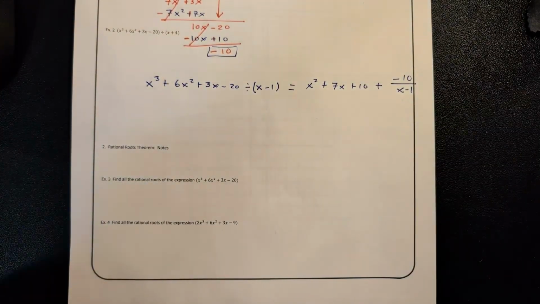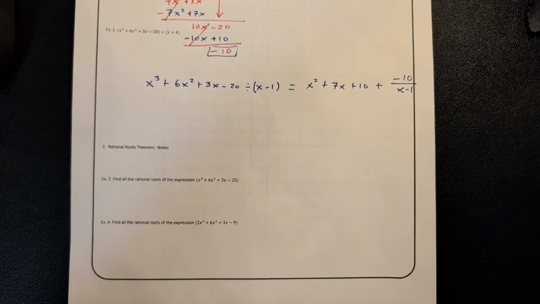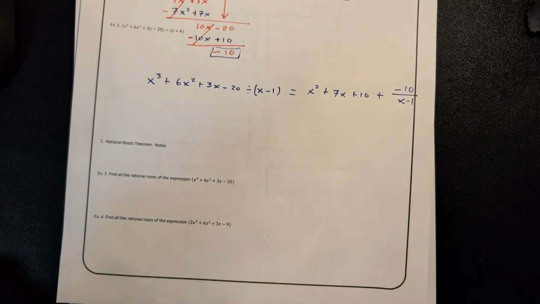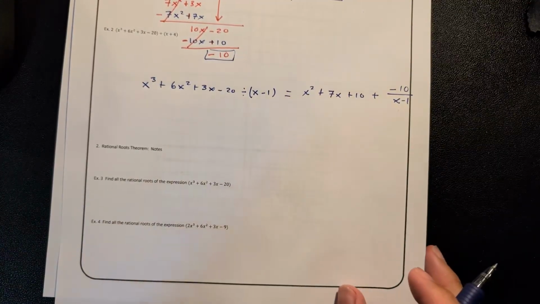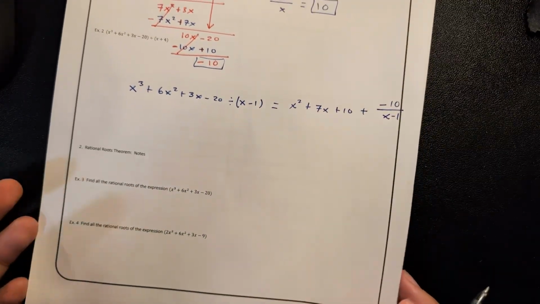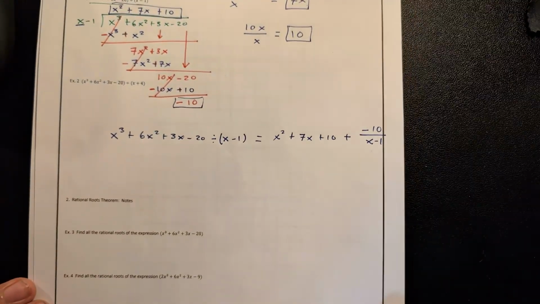Okay, moving on to the rational root theorem. So section 2. Here, to find all the possible roots, we just need to find two things.